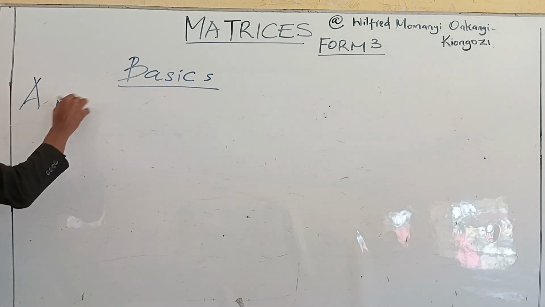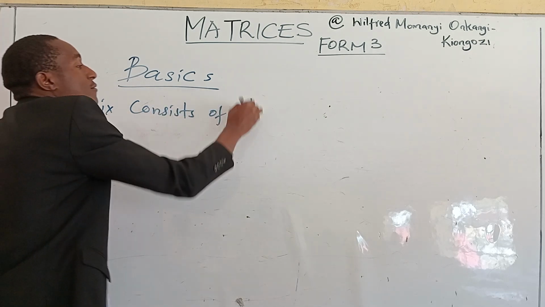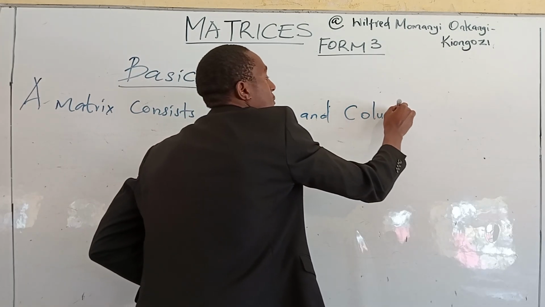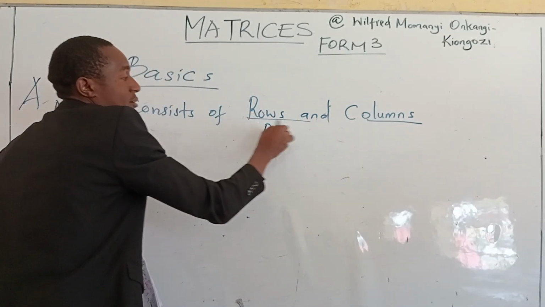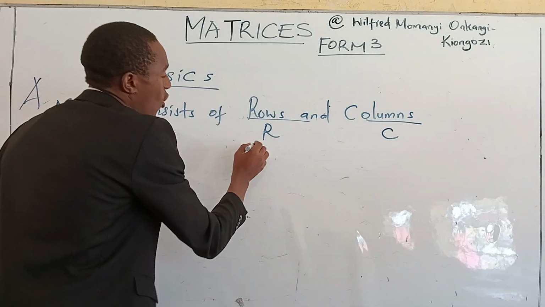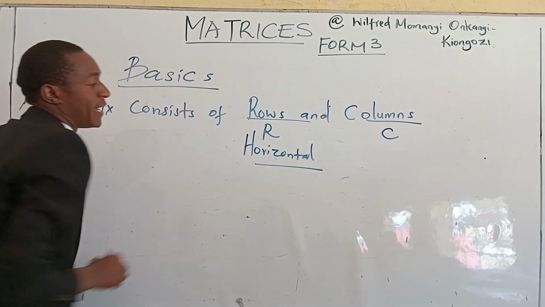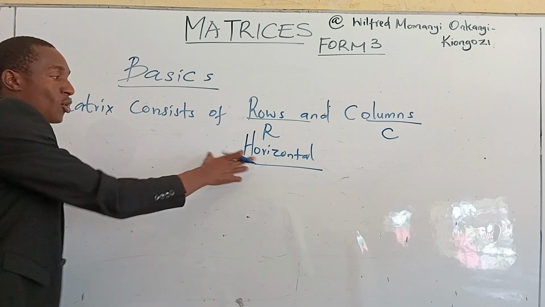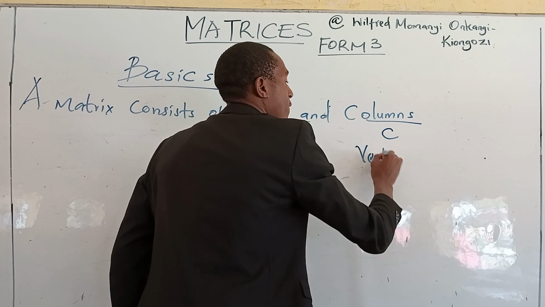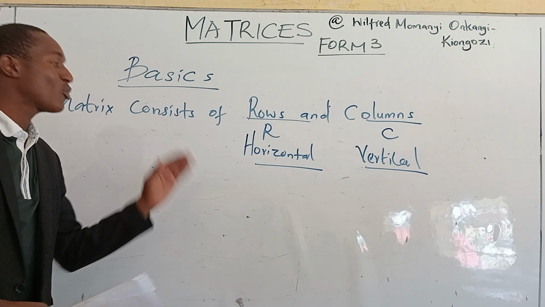A matrix consists of rows and columns. The rows are horizontal. The arrangement of the rows is horizontal, while the arrangement of the columns is vertical. I want to make this lesson very simple indeed because we want to do a summary.